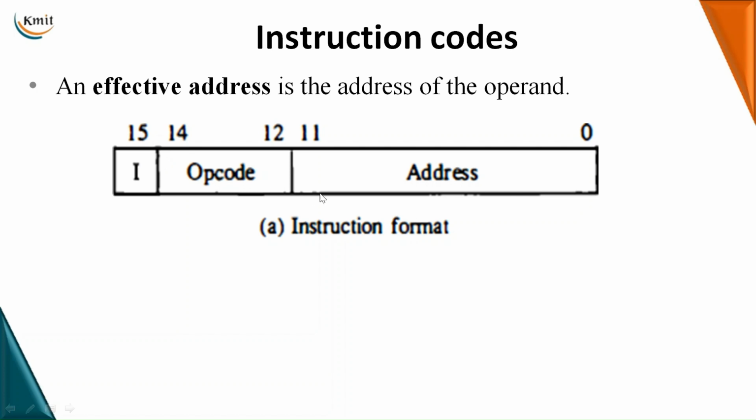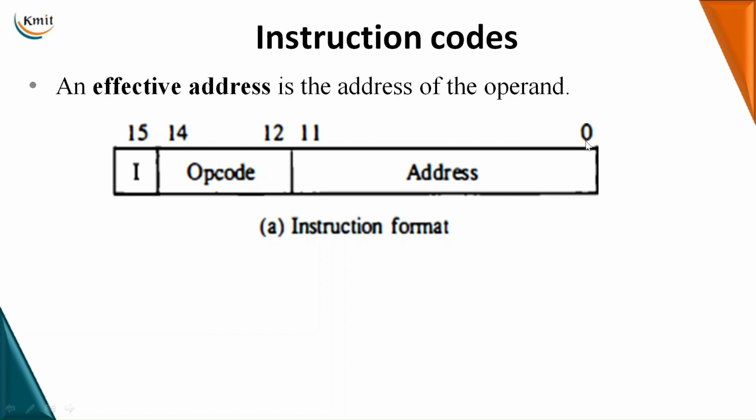The next part is the opcode. The opcode is a 3-bit code. The bits of this instruction run from 0 to 15, so the instruction stored in the instruction register is in a 16-bit format.